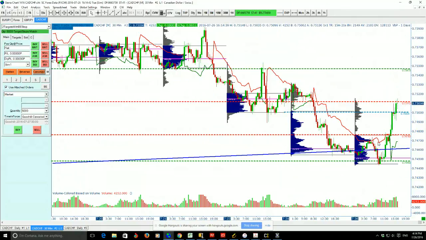I really think this is a long term, so we're looking at CAD CHF, and if you guys are already in there, you know that my ideal target area is in this region here.